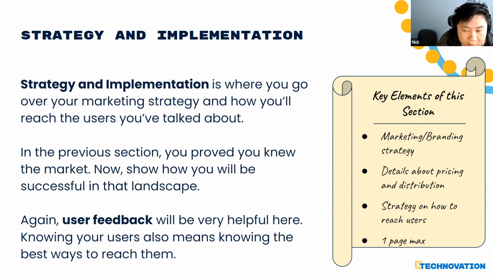The user feedback we talked about earlier, again, fits really well into here. Because if you understand your users, you should understand how to reach them, right? If I make an AI solution that tells me the best weather, the best season to go fishing, I'm probably not going to look for someone who works in a big office, because yes, maybe they're interested in fishing, but that's not where my target audience is, right?